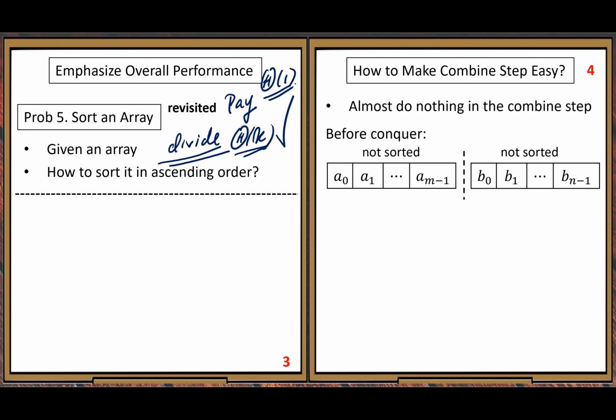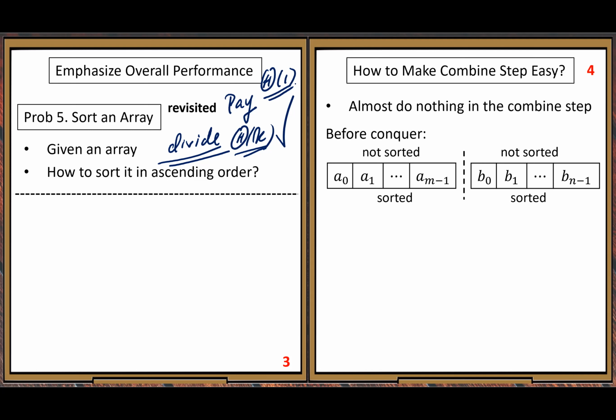Here we don't worry about the conquer step because we do recursion, so we leave it to recursion. Then we can imagine both subarrays are sorted.